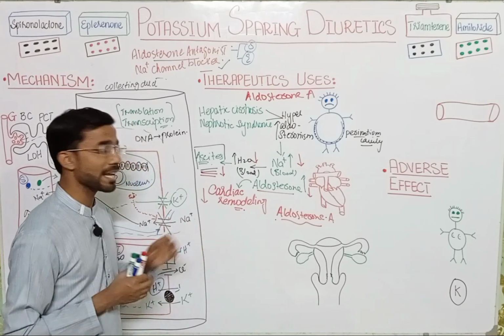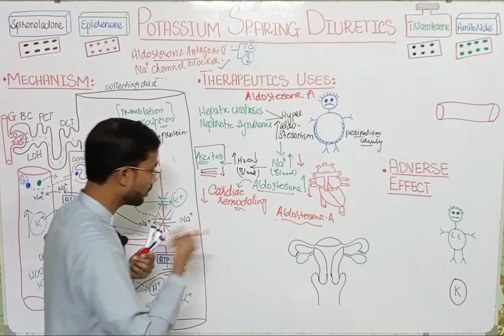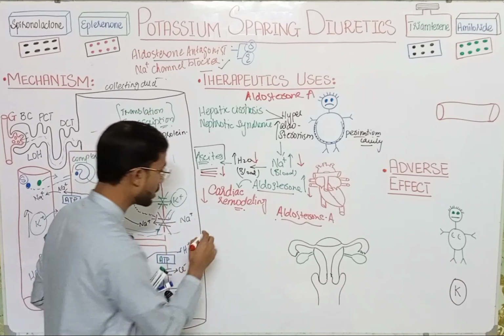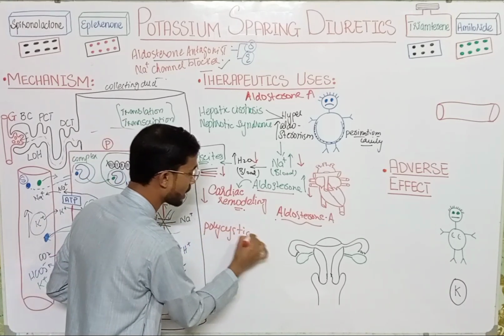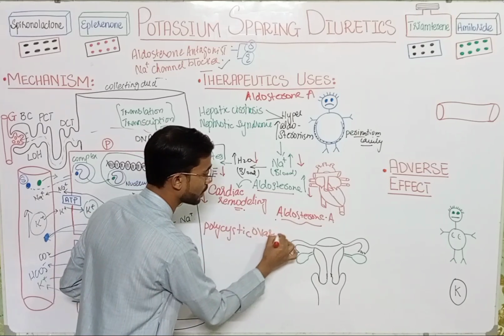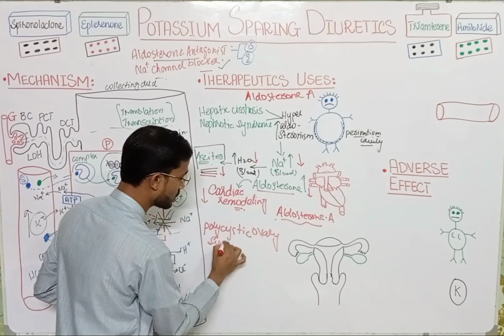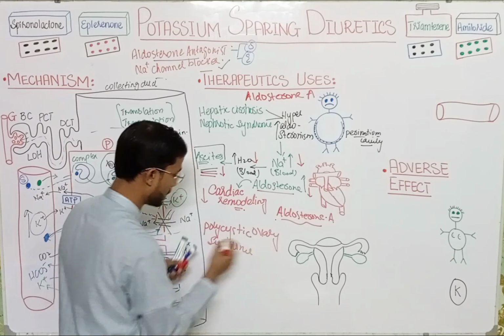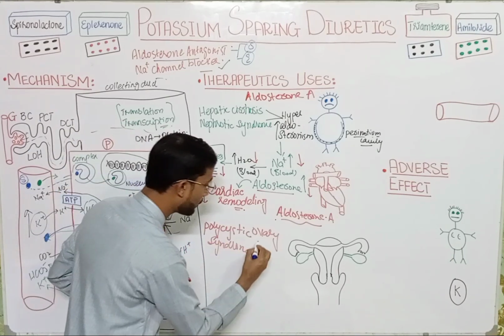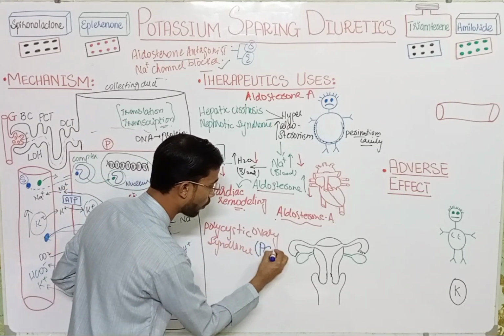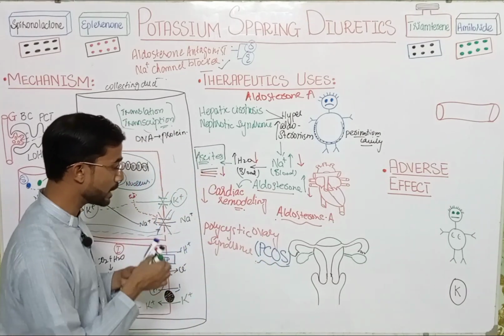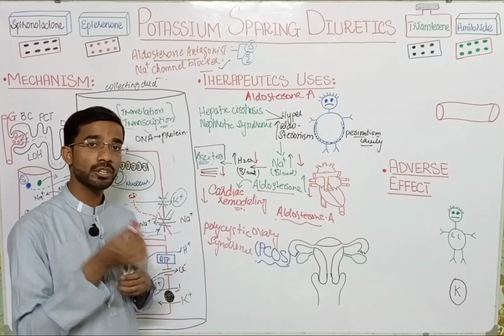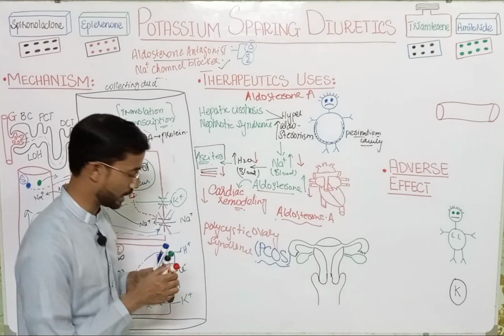Okay. Now next situation, it is also used in the treatment of polycystic ovary syndrome, PCOS. Now here you see that aldosterone antagonists include two things.